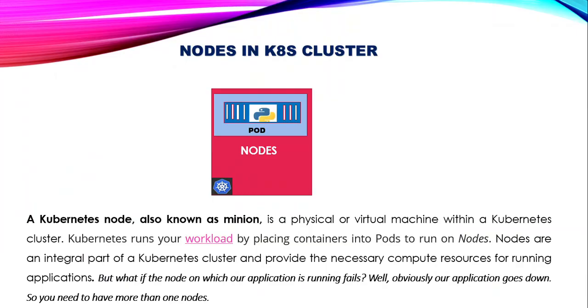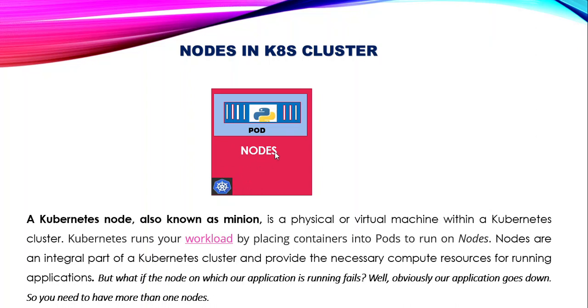A Kubernetes node, also known as a minion, is a physical or virtual machine within a Kubernetes cluster. Kubernetes helps to run your workload by placing containers into pods to then run them in a node. If you look at the image I have here, you have a cluster, and inside the cluster you have a node.